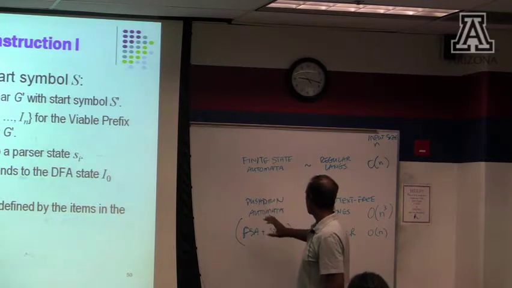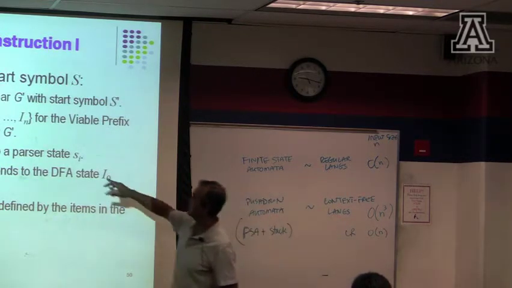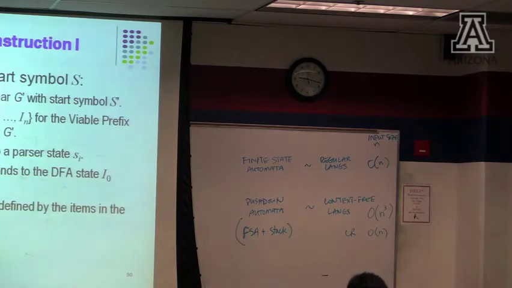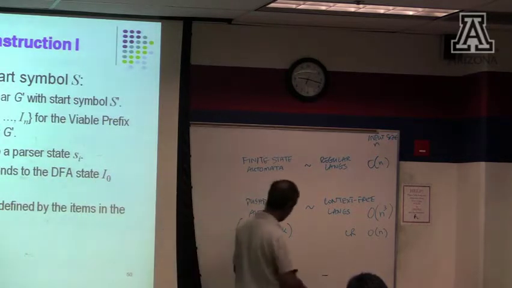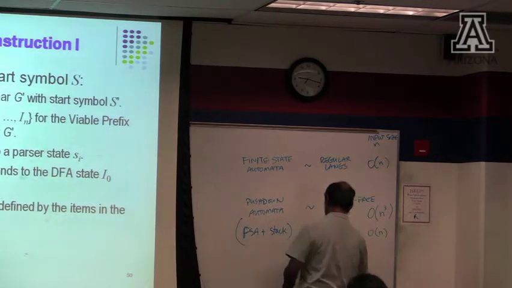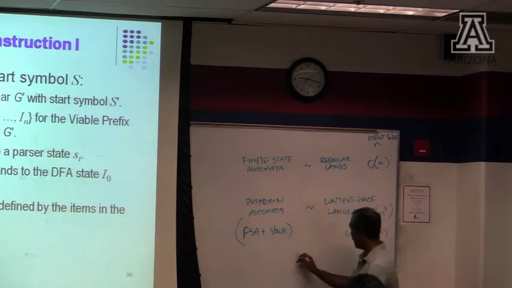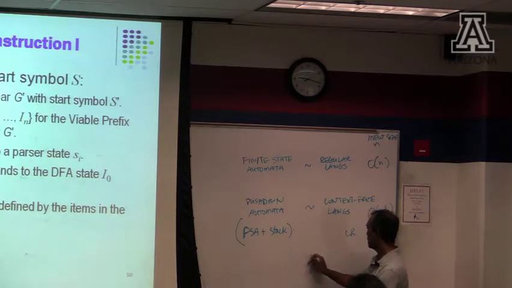Those are the states of the pushdown automata, and from that we construct the parse table entries. So the way you do that is, for SLR1, I look at each state. Each state is a set of items.